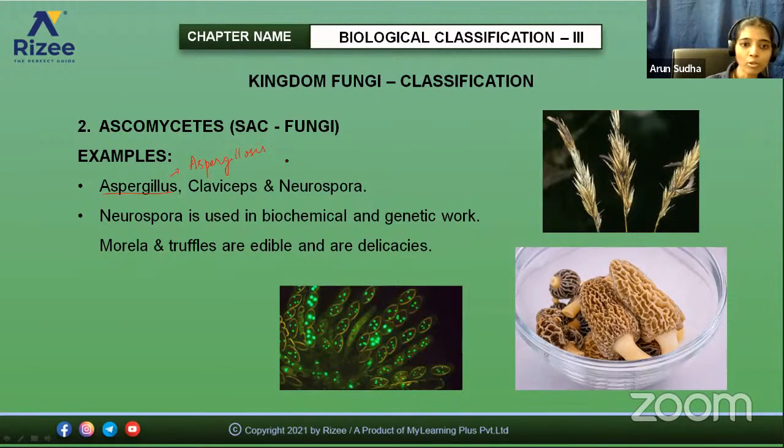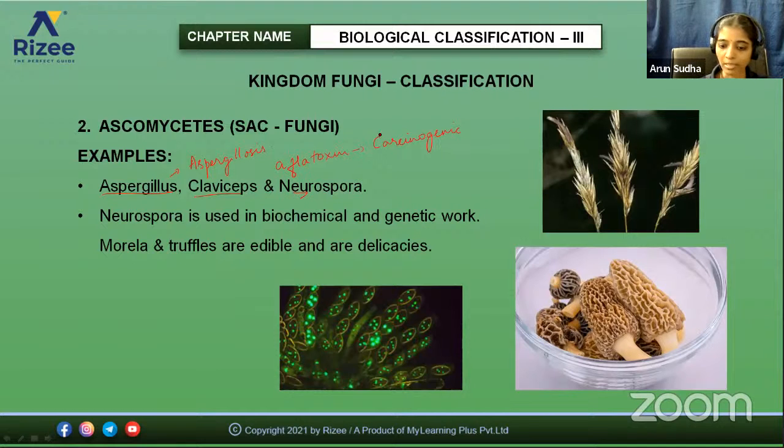Some species produce a toxin that is called aflatoxin, which is carcinogenic, that is cancer causing. And then Claviceps also causes a disease.